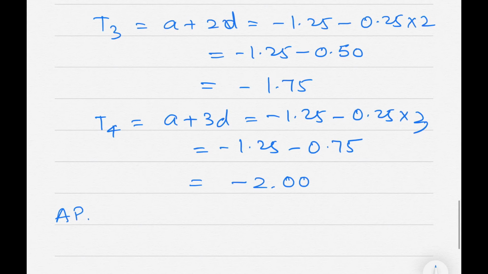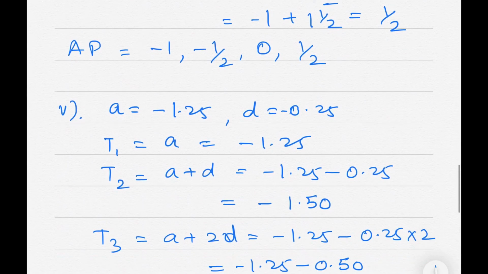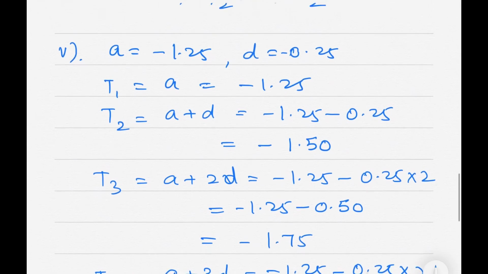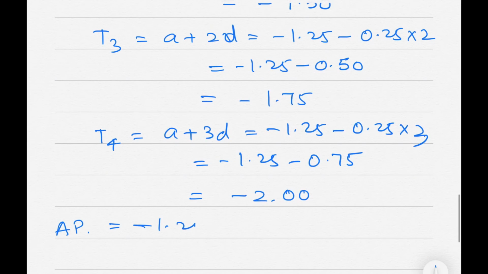Okay, so my AP, or my first four terms, will be equal to, as in the first two questions where I have written the first four terms, AP is equal to: first term is minus 1.25 and then minus 1.50, then we have minus 1.75 and minus 2. So these are my four terms of the AP. This finishes our second question.